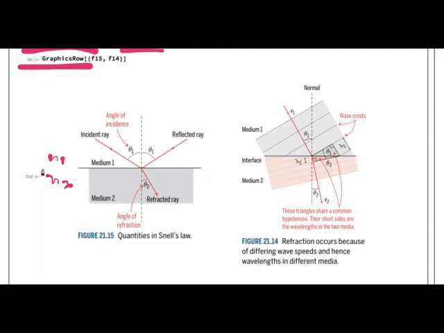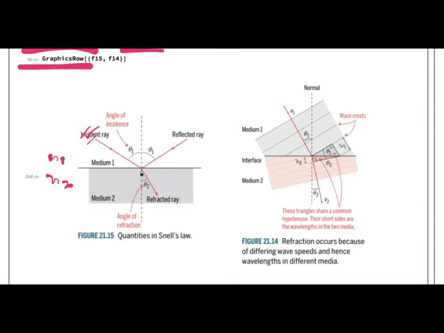If we call the surface here the xy plane, then this would be the point z equals 0, and the normal is the z-axis. Remember, we measure the angle of incidence. It's the angle between the incident ray, the direction of that wave, with respect to the normal. So that's theta 1, the angle of incidence.